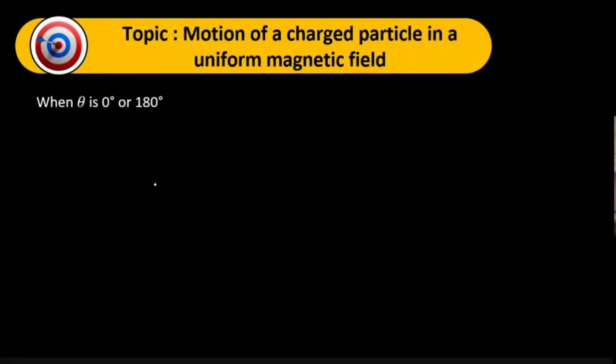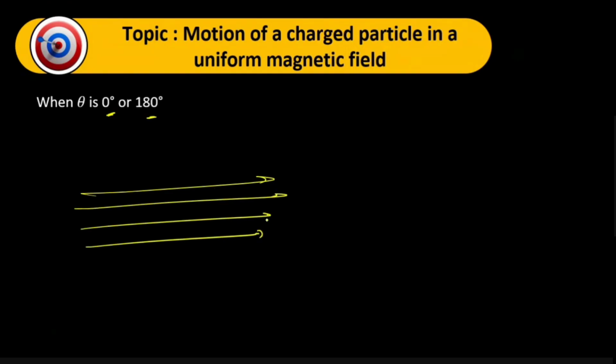Then we are understanding how the charged particle moves when it is in a uniform magnetic field. It says if the angle between the field and the direction of motion of the charged particle is theta, 0 or 180, like that. Suppose this is the magnetic field and the charged particle is going this way or this way. If it is going this way, theta should be 0 with the magnetic field.